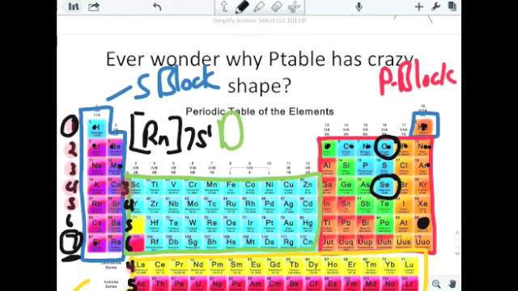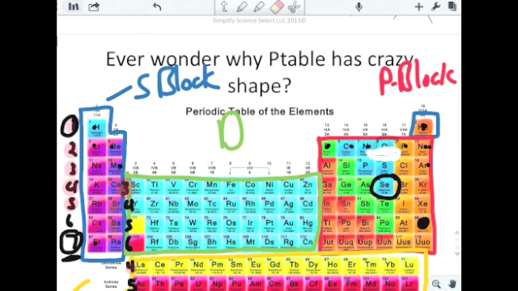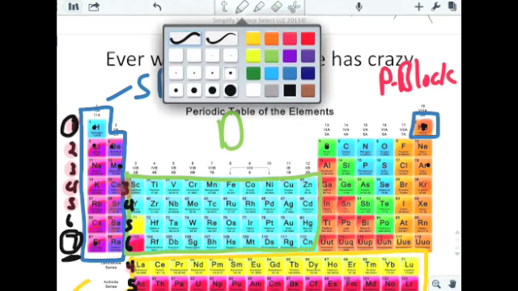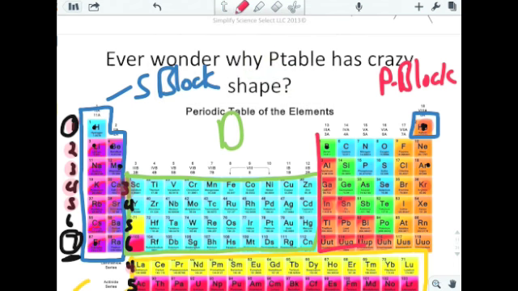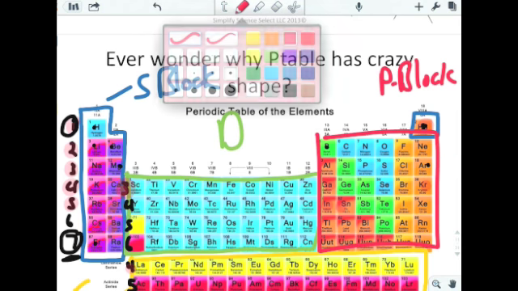So let's look at our periodic table, erase some of our old stuff, and we're trying to find the electron configuration for oxygen. Let me draw the P block back there. There's P. So all we do, like always, is start at the top.